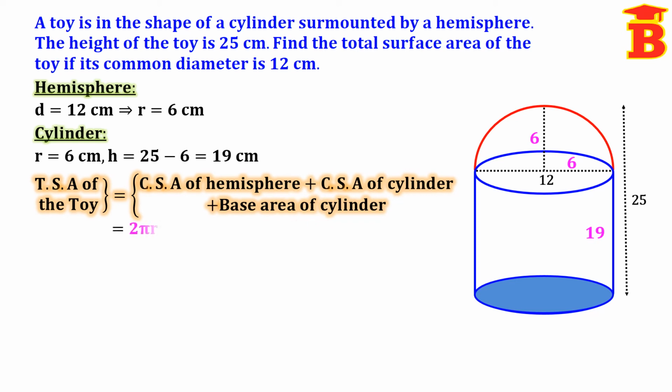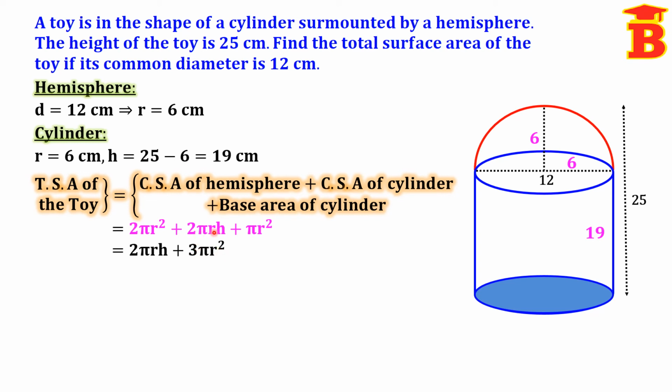Now we write the formulas. CSA of hemisphere formula is 2 pi r square, plus CSA of cylinder formula 2 pi r h, plus the base area, which is a circle. So the area of circle is pi r square. Now adding this 2 pi r square plus pi r square, we get 3 pi r square.